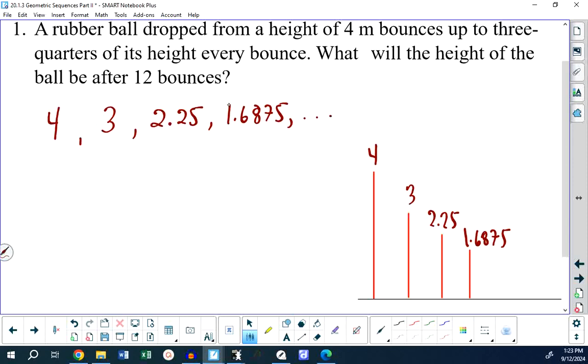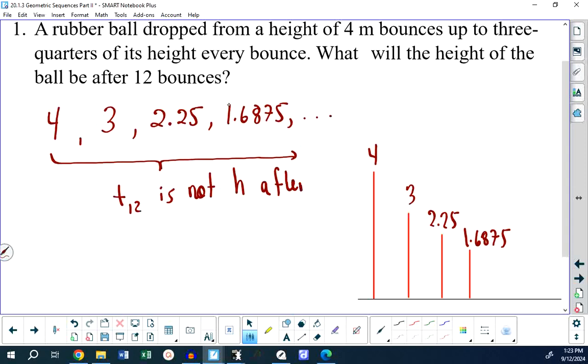If I use this as my sequence, T12 will not be the height after 12 bounces. And the reason that that won't happen is because T1 is not the height after 1 bounce. It's the height that it was dropped from.